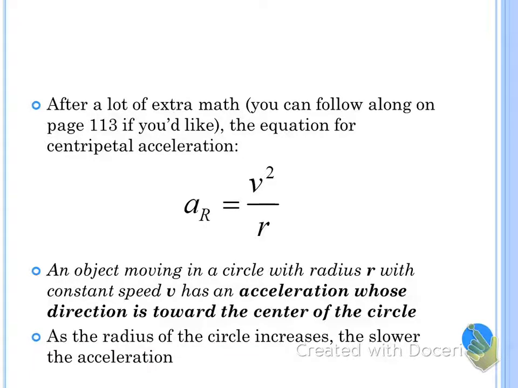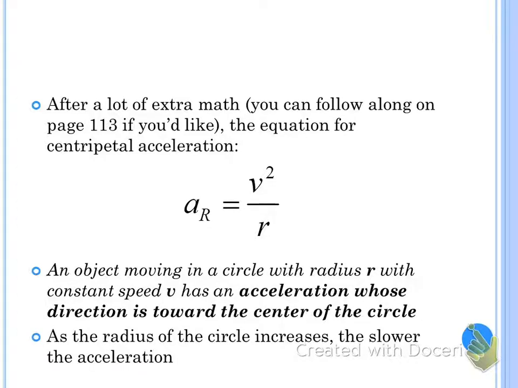Okay, so let's look at your centripetal acceleration when our radius is really small. I'm not moving my wrist any faster, but as I let the radius increase, what happens to my acceleration? It slows down a little bit, right? I'm covering less distance of the circle with every time interval.